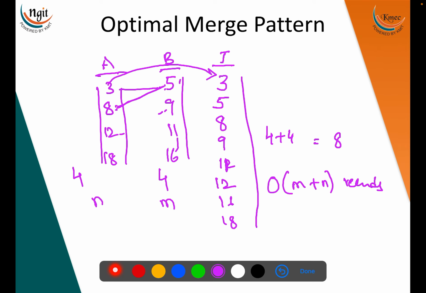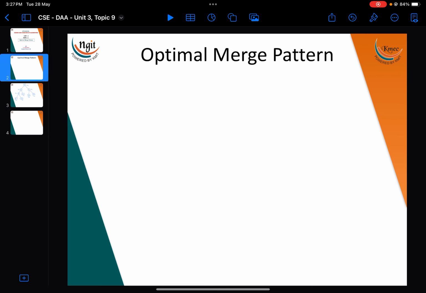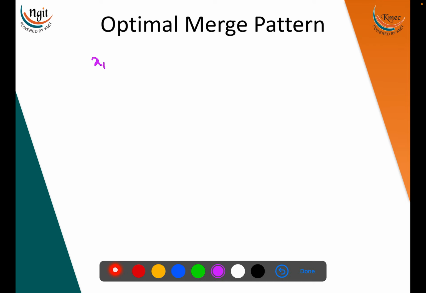Now we'll see the common principle of how to do optimal merge pattern. When more than two sorted files are to be merged together, the merge can be accomplished by repeatedly merging sorted files in pairs. Thus, if the files are x1, x2, x3, x4. In the previous example we took only two files and showed how the merge pattern is accomplished.